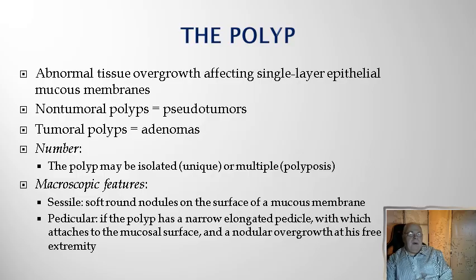But not all polyps are adenomas. Here it's a very important detail, and we'll enter into much more detail in the second semester when we'll discuss the digestive tract polyps and polyposis.